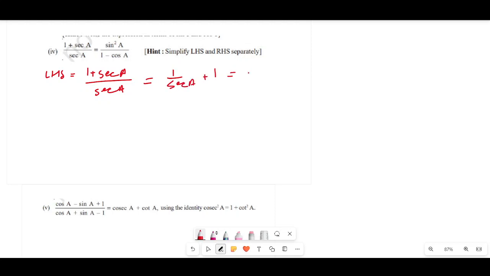We can write cos a plus 1. Then, because in the given question the right hand side has 1 minus cos a, we should multiply with 1 minus cos a. We can write it as 1 plus cos a and multiply with 1 minus cos a.